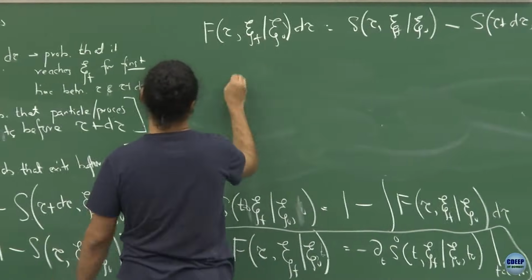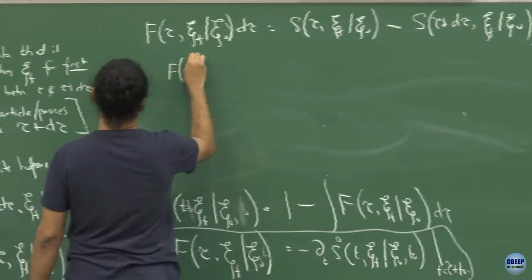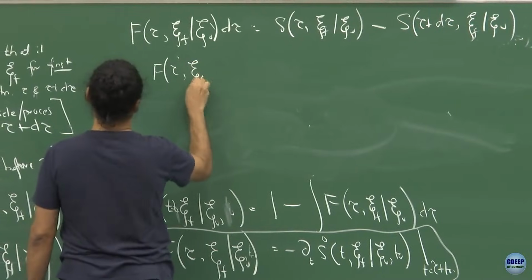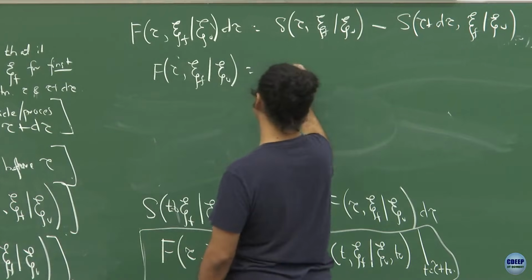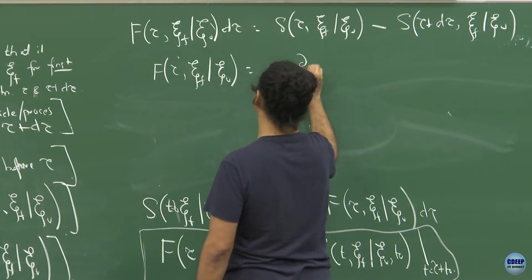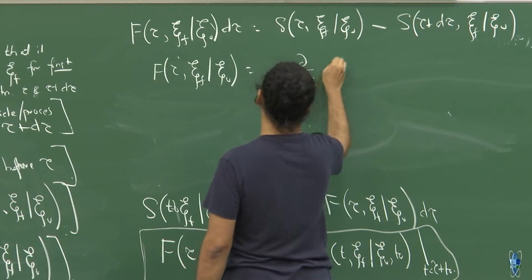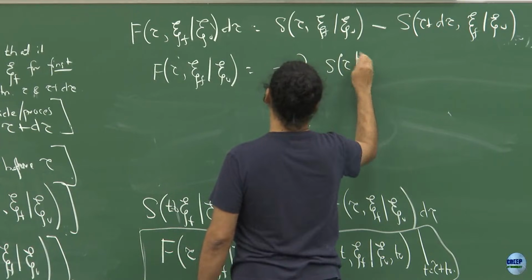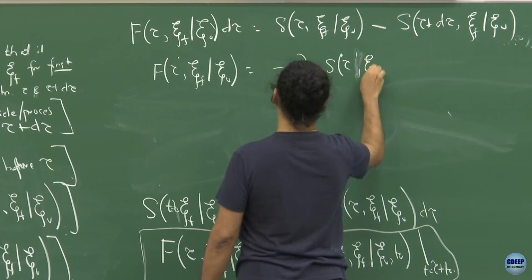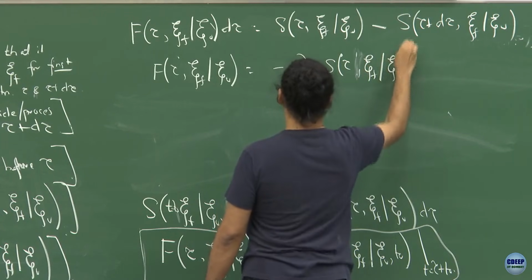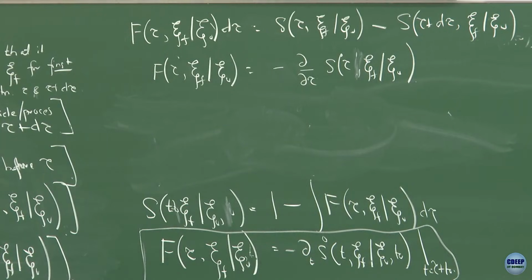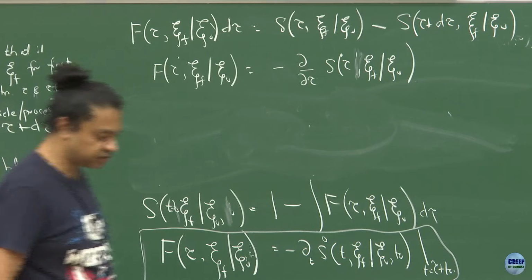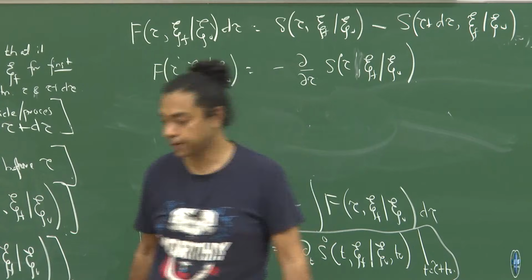And therefore, f of tau: you divide by d tau, take the limit d tau going to 0, is therefore minus del del tau of s(tau). Right. So again, the first passage density is nothing but the negative derivative of this survival probability.